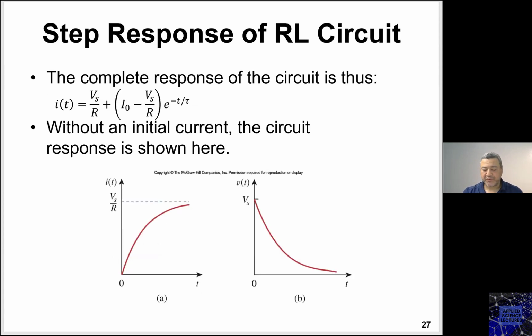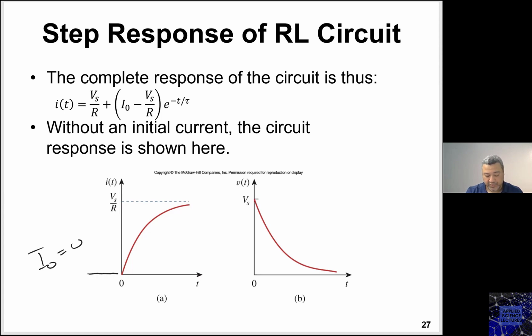So the step response for the RL, exactly here we're looking at an initial current that is zero. In this case, look at the current. How is the current behaving?